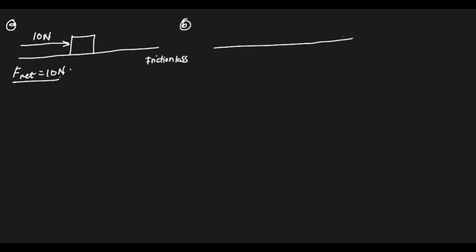Now, let's look at part B. What of the case where we have two arrows? The first arrow has 15 newtons. Then we have another arrow with 5 newtons. We are going to look at the direction of each arrow, and we can see that these arrows are pointing in the same direction.